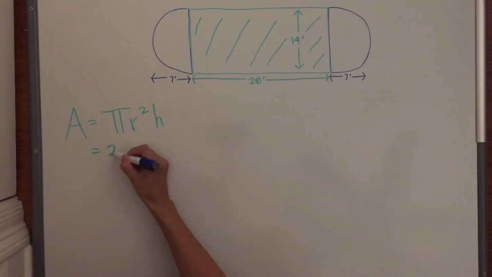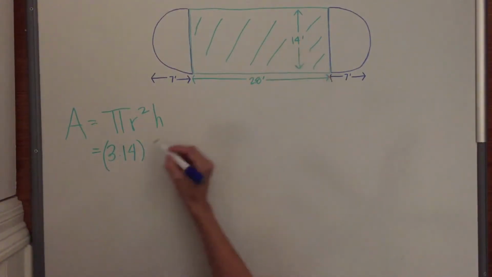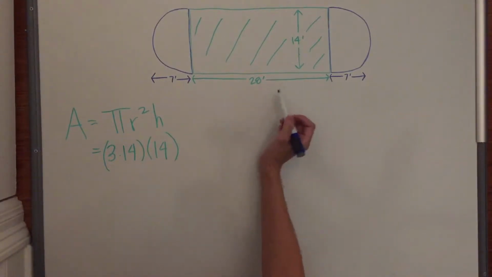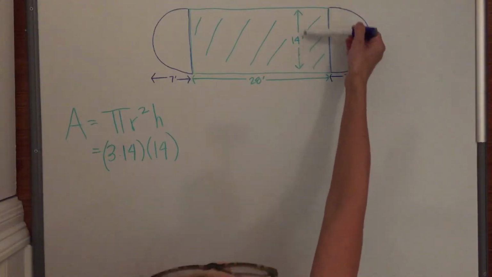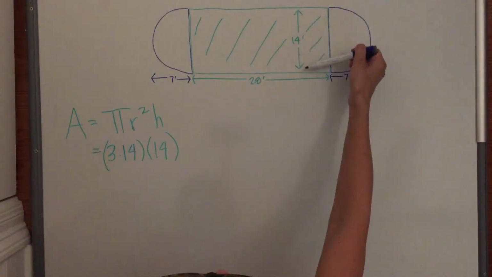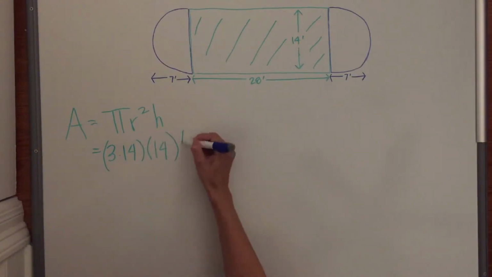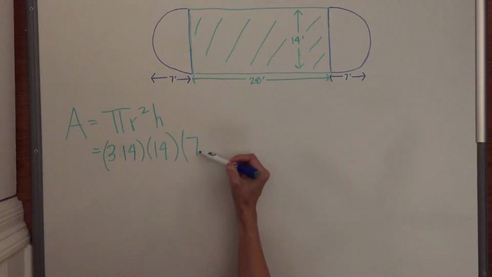We know that pi is 3.14, and we know that the height is 14 feet. And we have to remember the radius: the diameter of the tank is 14, and the radius is half of the diameter. So r squared will be 7 squared, because 14 divided by 2 is 7.